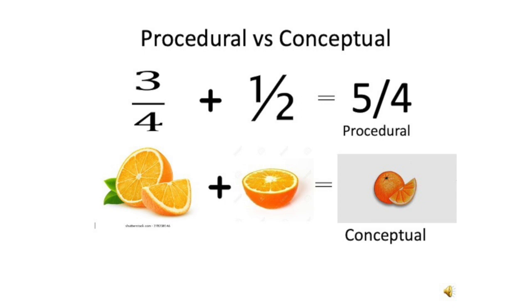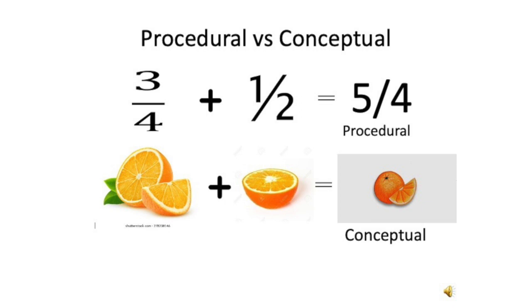But if I add context to it, for example, I say 3/4 of an orange plus half an orange, now this makes it a lot easier. Anyone can work this out and know that it will be 1 and 1/4 oranges.